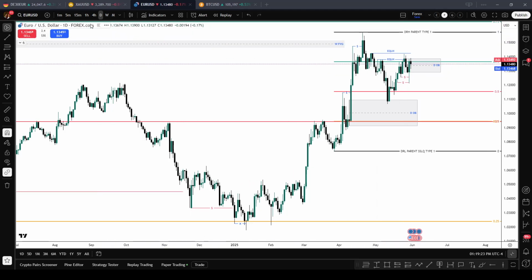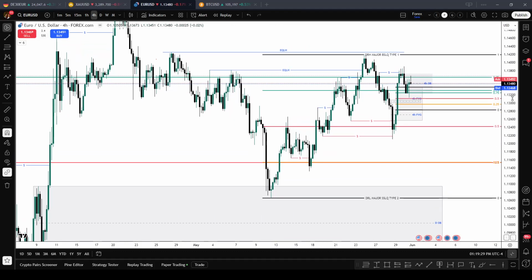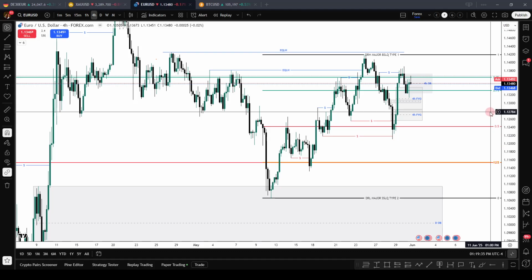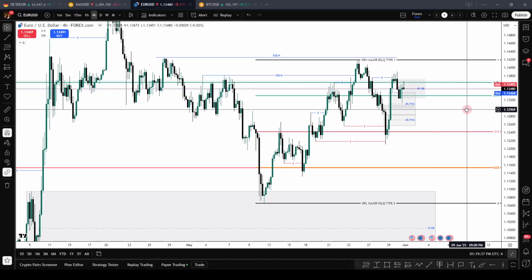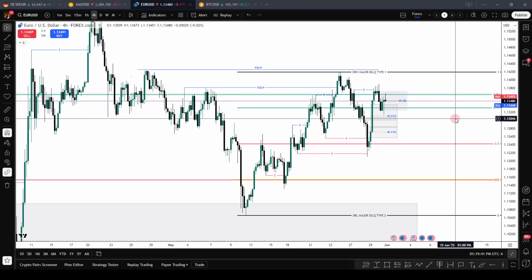If we now go to the 4-hour time frame, let me clear it up a bit. Here we will see more detailed information with great interest.